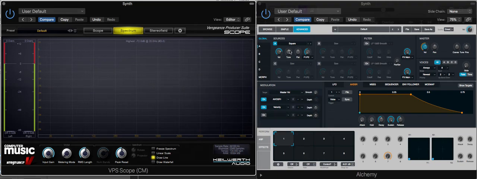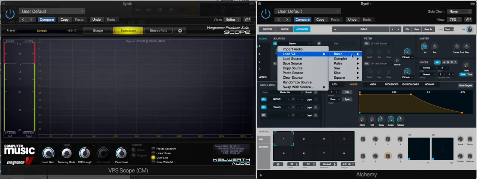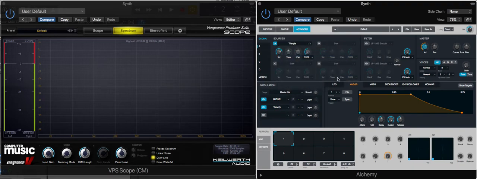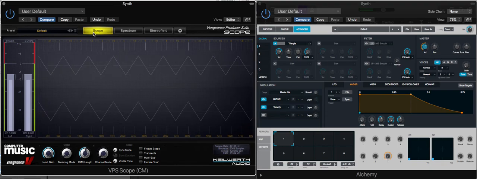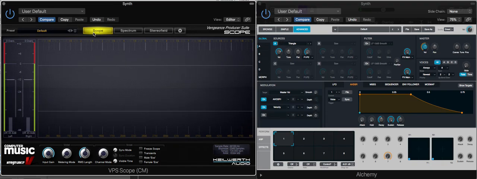Okay, and then the final waveform, just load it in Alchemy, is the triangle waveform. So first of all, again, we'll have a look at it in the scope. And you can see the triangular shape to the waveform.